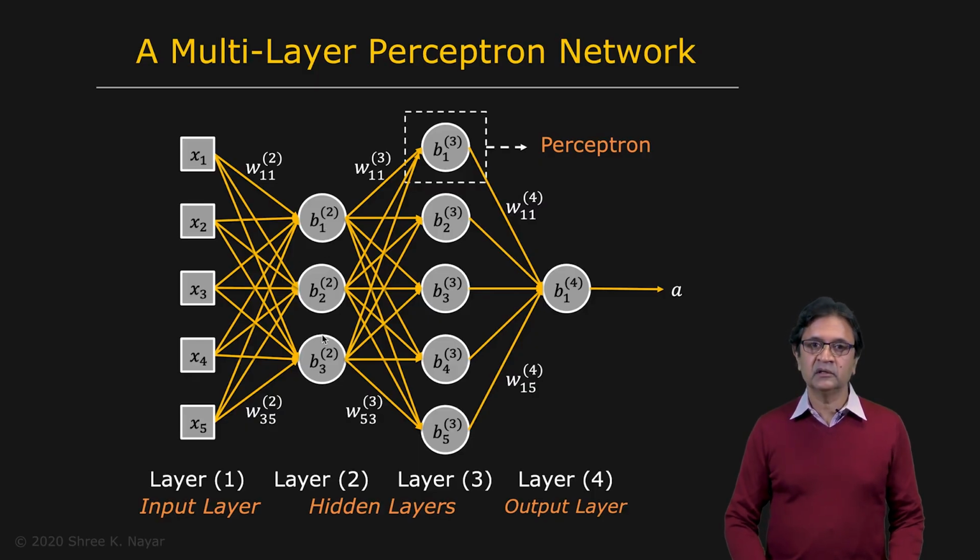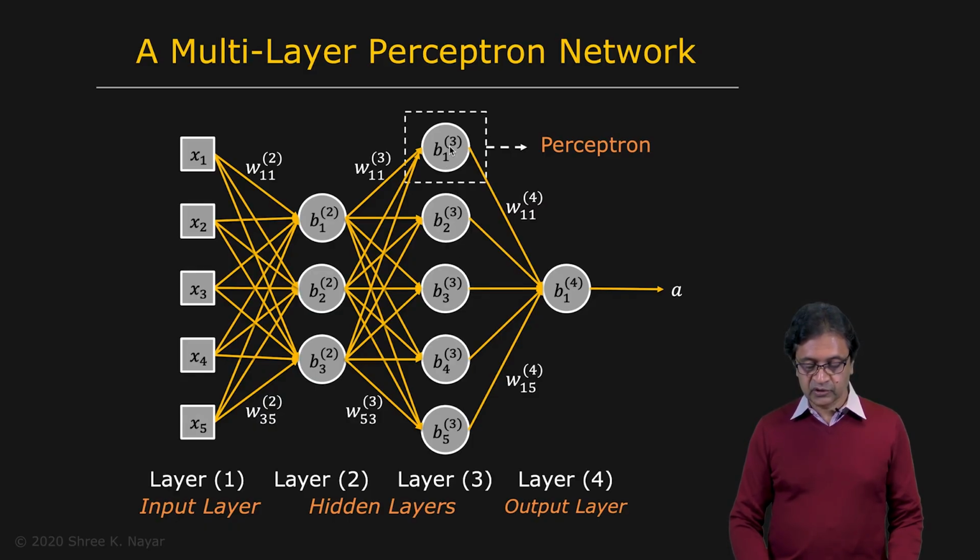And this particular network happens to be a fully connected network, which means that each one of these perceptrons is connected to all the inputs. It doesn't really have to be the case, but that's just the example that I'm showing right here, fully connected. And then the outputs of these perceptrons serve as inputs to the perceptrons in layer number 3.